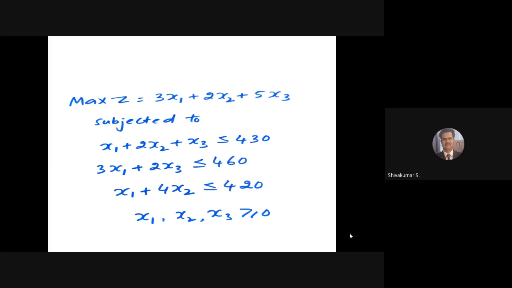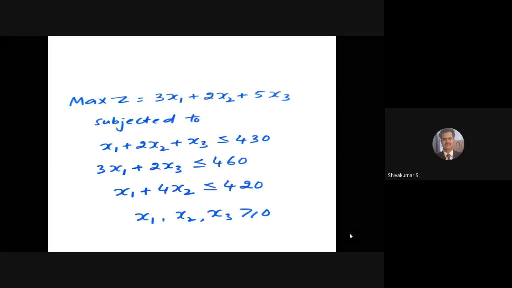To convert a less than sign, you introduce a slack variable, that is plus s1. Suppose the equation has a less than sign, you are going to introduce one variable called a slack variable, that is s. If you have 3 equations, then s1, s2, s3. If you have 2 equations, s1, s2.